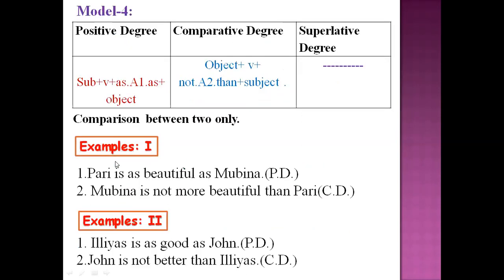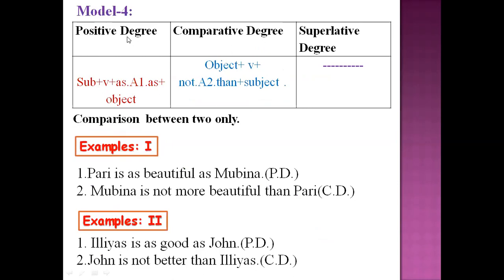And as I told you already, we have four models in degrees of comparison. Now we are looking at the fourth model, or the last model, of comparisons. Here also there is a positive degree, comparative degree, and superlative degree. Now what is the structure for positive degree? It is subject plus verb plus as plus A1 plus as.